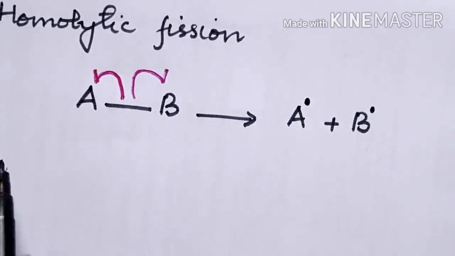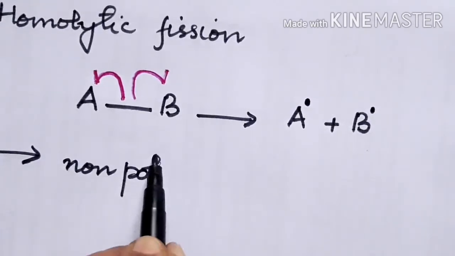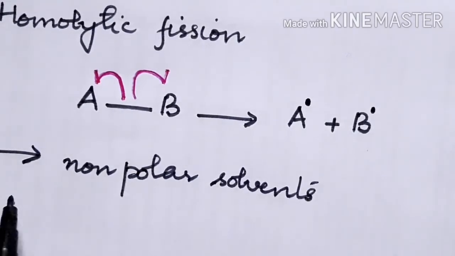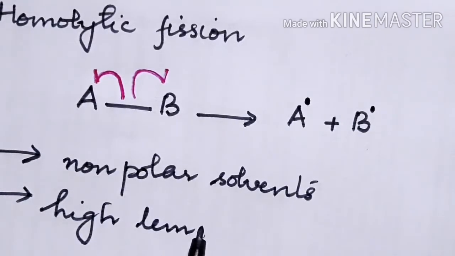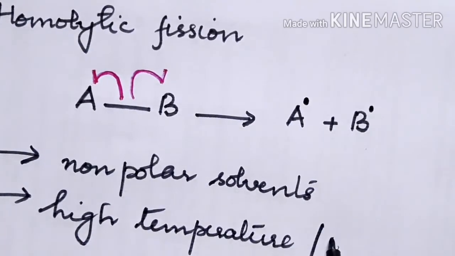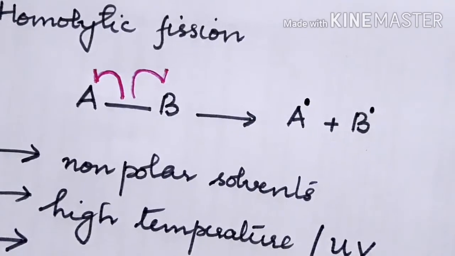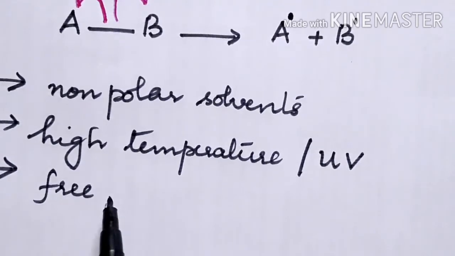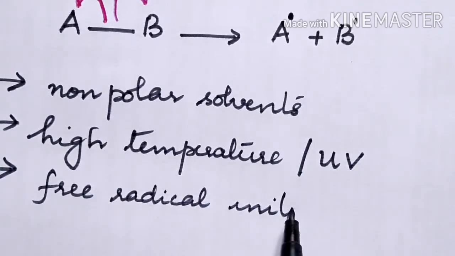It occurs mainly in non-polar solvents or at high temperature, or in the presence of ultraviolet radiations, and it can also happen in the presence of free radical initiators.